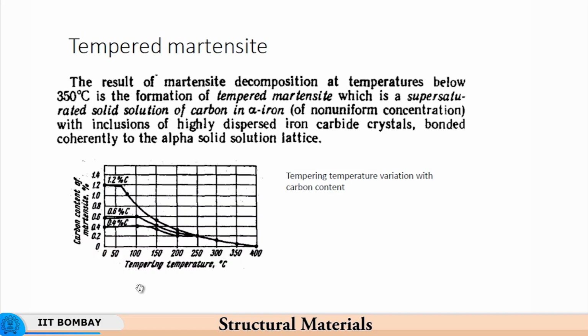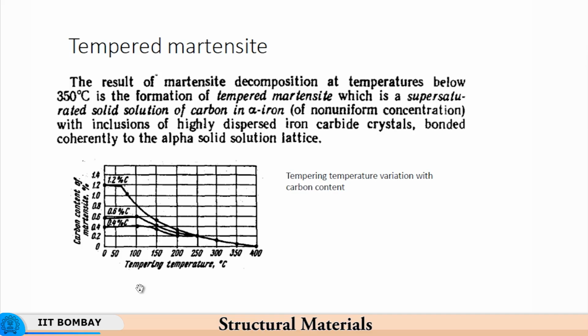So, when you temper martensite, you basically have alpha iron and Fe3C, which gives strength because you have iron carbide bonded coherently with the alpha solid solution lattice.